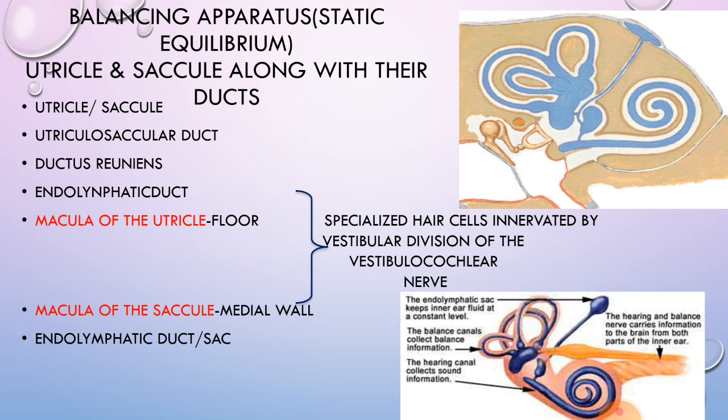Now, the balancing apparatus for static equilibrium is the function of the utricle and the saccule along with their ducts.